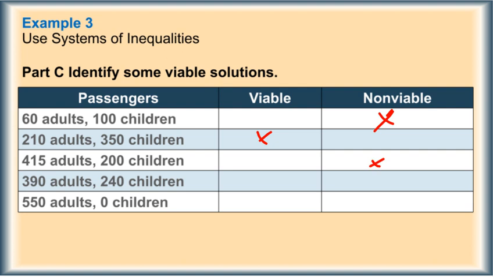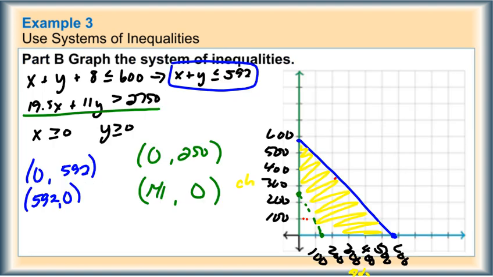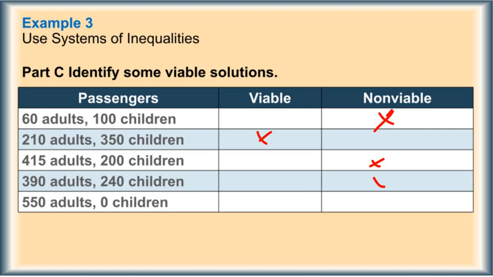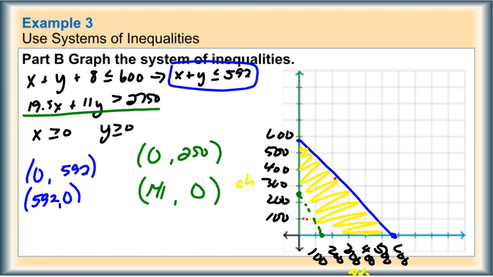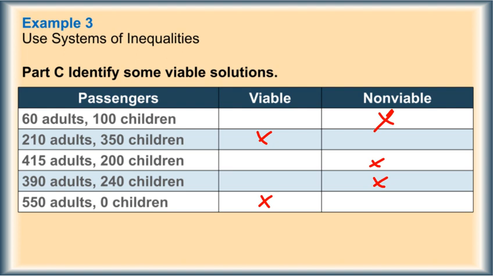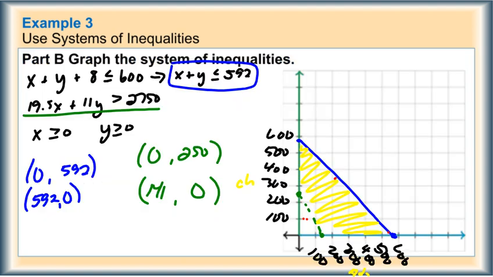Next, 390 and 240, that would not be viable. The last one, 550 adults and 0 children, that would be viable. So any answers inside the shaded yellow spot would be a viable solution.